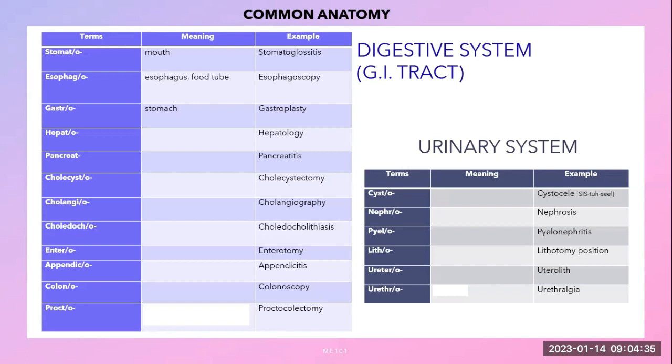Gastroplasty is where you reduce or cut a part of the stomach. Yes, perfect. Plasty usually means surgery, but in this scenario, gastroplasty means you make a sleeve, so the stomach goes smaller.